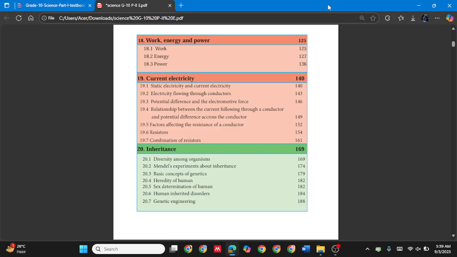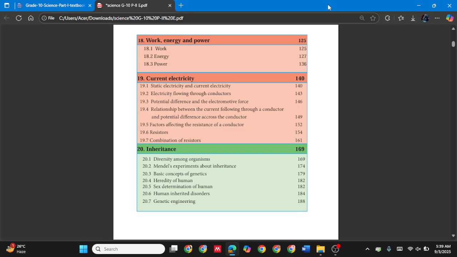There you have to learn 7 subtopics under this main topic. First one is static electricity and current electricity. Second one, electricity flowing through conductors. Third one, potential difference and the electromotive force.